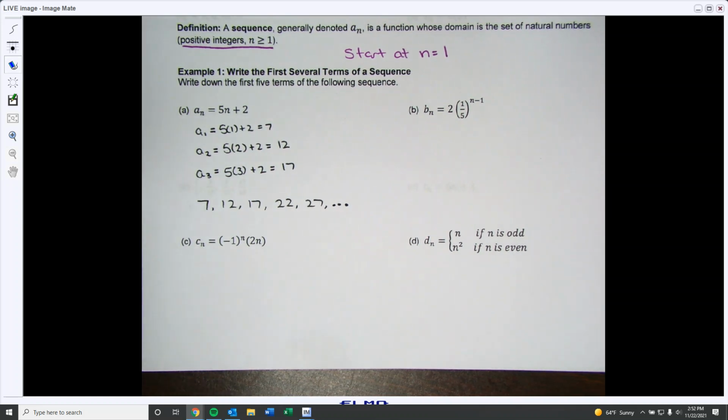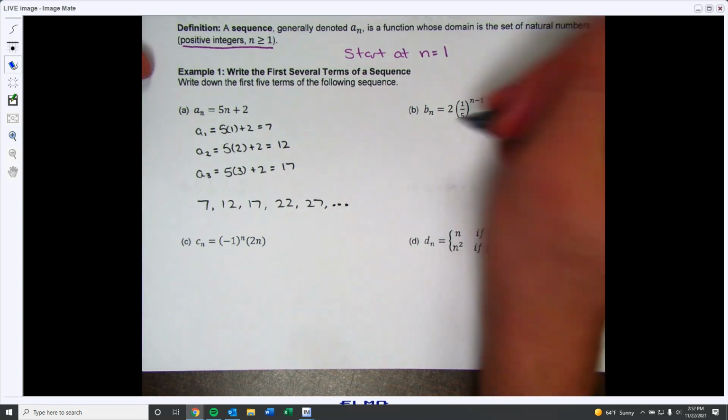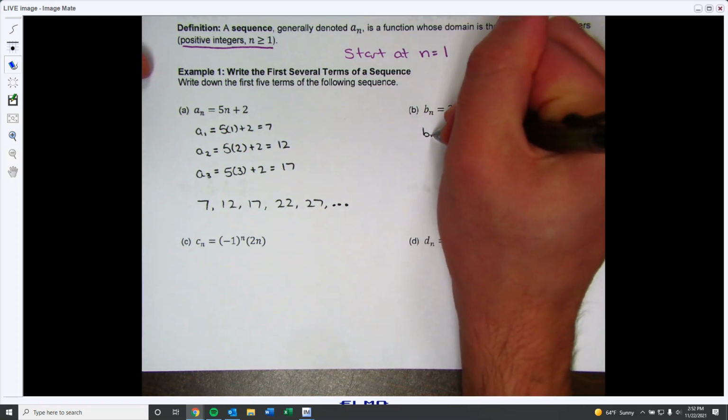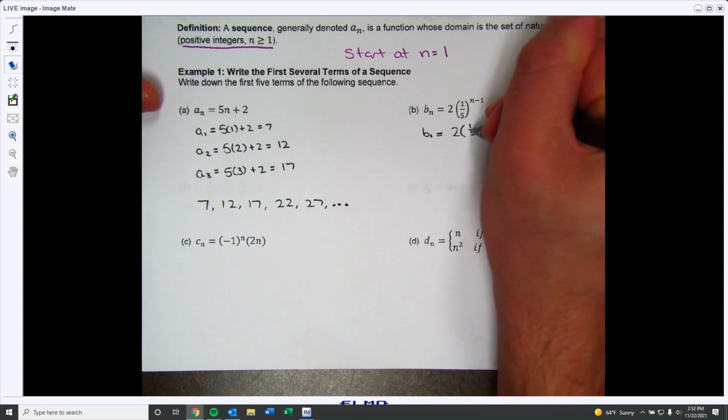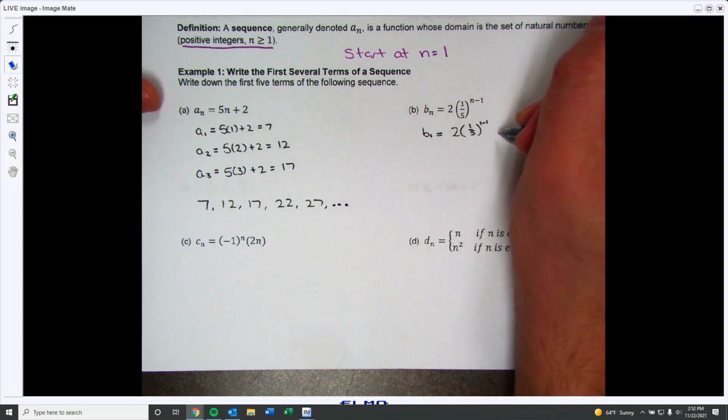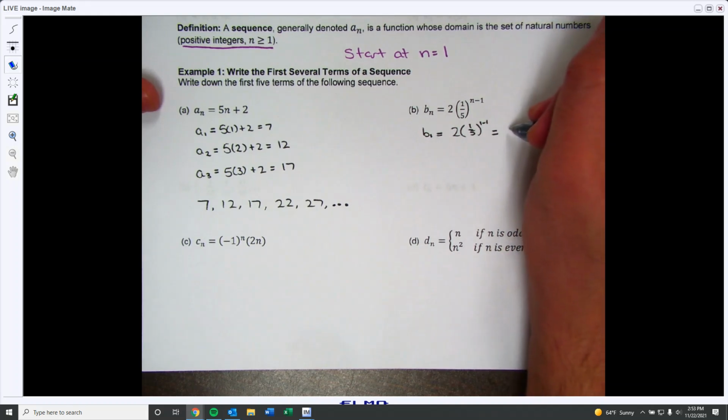This one, our sequence b_n equals 2 times 1/5 to the n minus 1 power. Now, starting again, if I want to list these out, I'm going to have to start with n equals 1. So I have 2 times 1/5 to the 1 minus 1 power. Well, 1 minus 1 is 0. 1/5 to the 0 power is just 1, so it goes away.